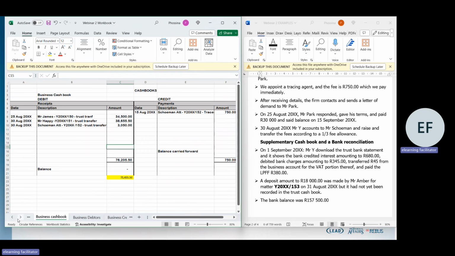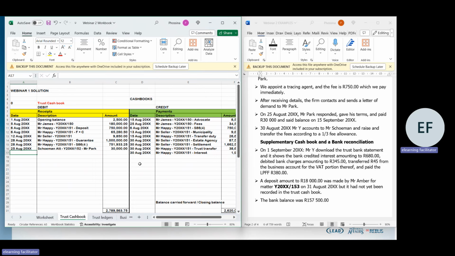3050.00, which means if it's a trust transfer, then even in our trust cash book we have to record a payment, because it's coming from the trust, it was paid from the trust account. Attorneys, and how much?